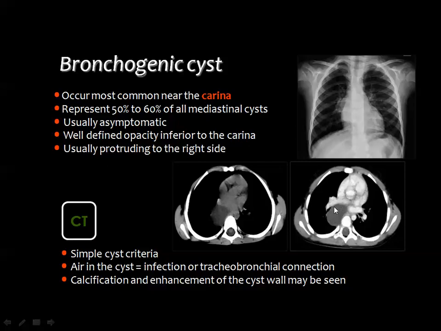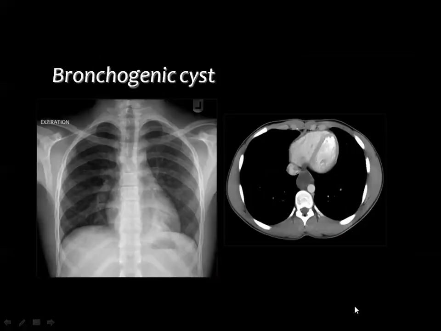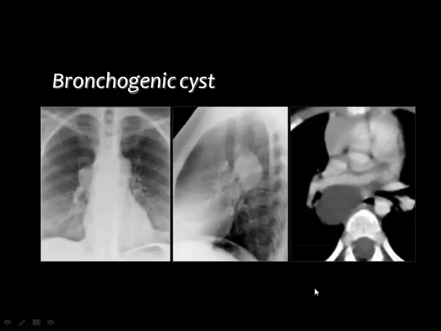this part of the cyst insinuating itself inside the mediastinum is the clue for diagnosis of this lesion to be of mediastinal origin. And this cyst is totally located within the mediastinum, midline in location related to the descending aorta and the inferior vena cava, and this is a bronchogenic cyst.